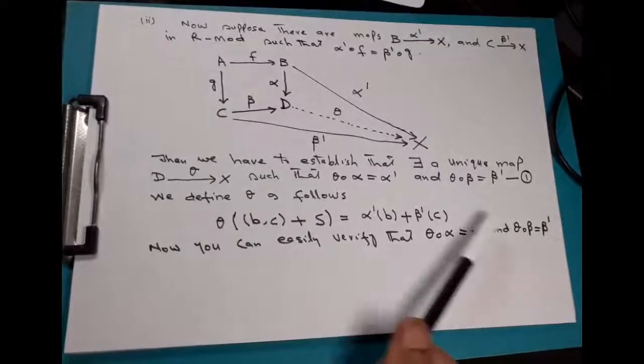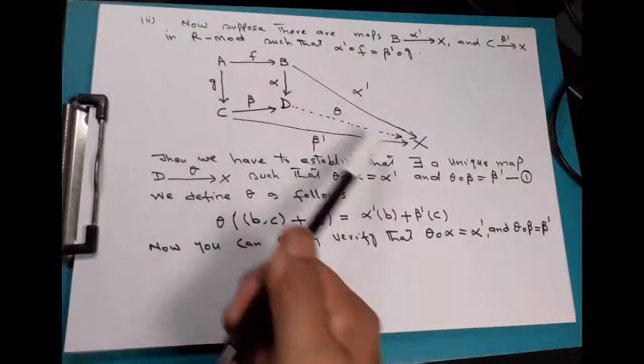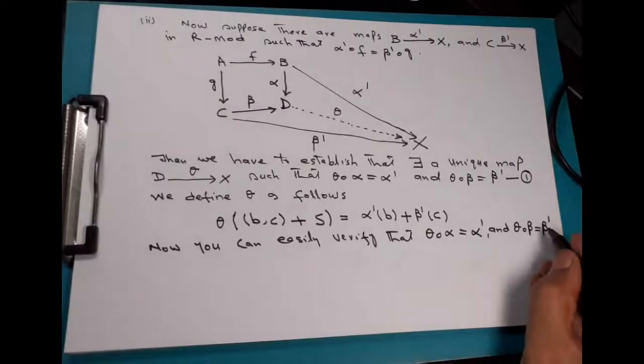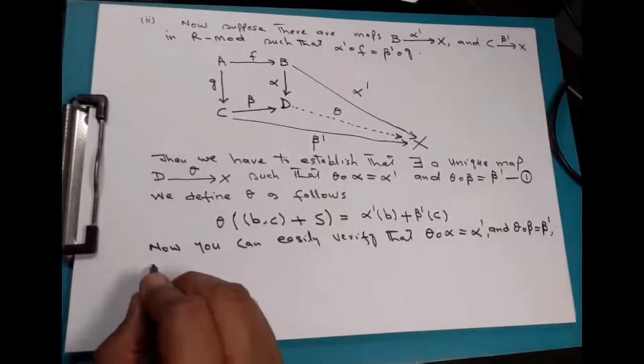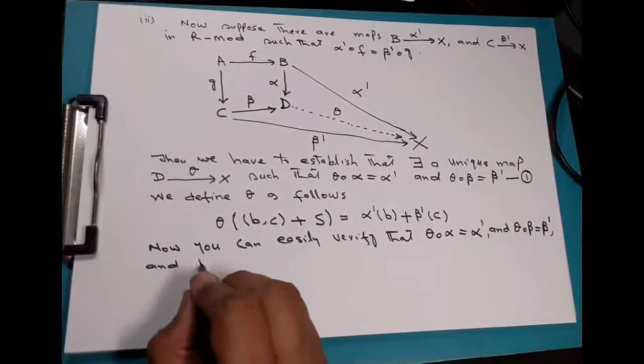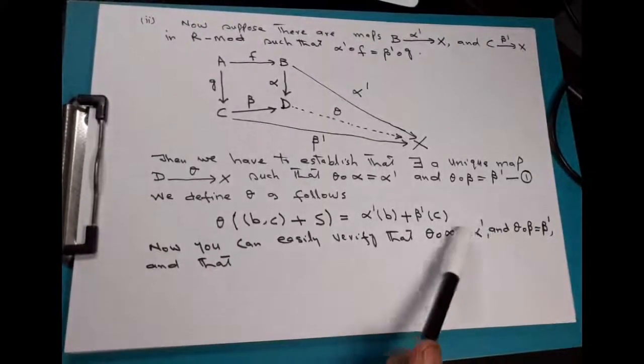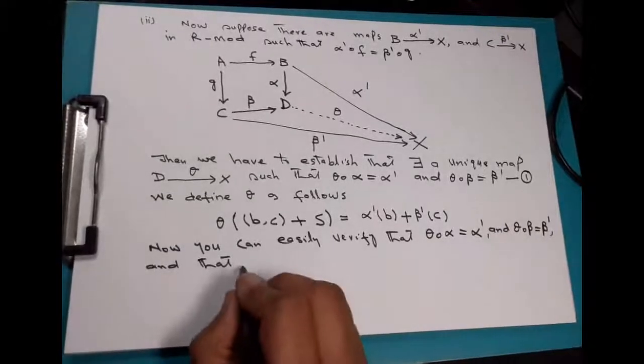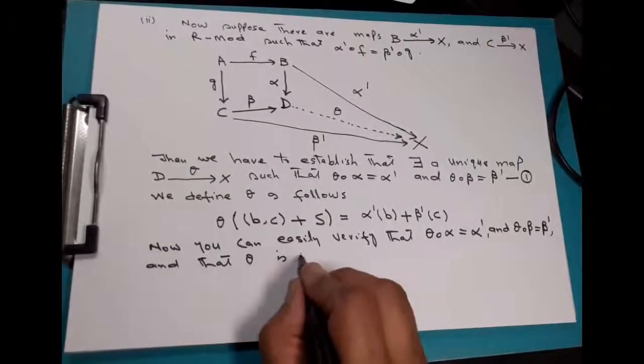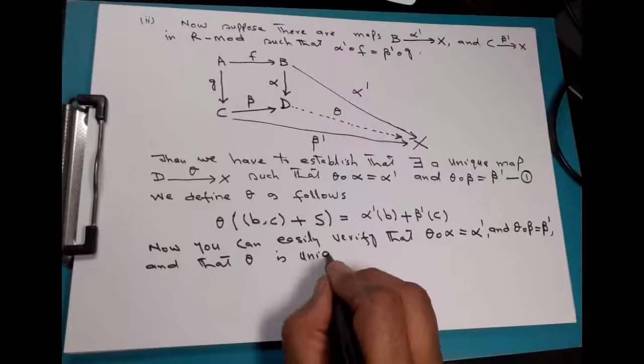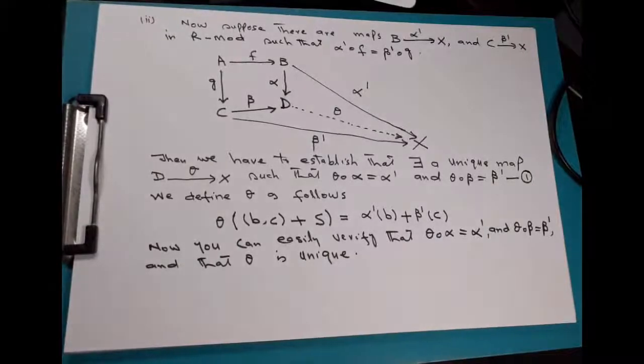It is very easily visible. This is the only map for which these two things happen, and so theta is unique. So you can see it very easily. Having done that, we have therefore established that the diagram we started with is a push out diagram.